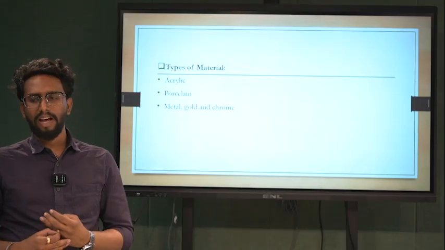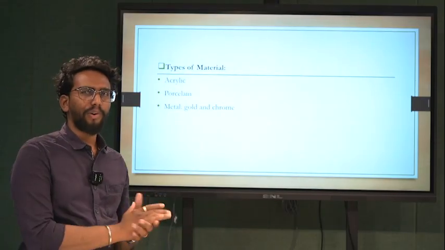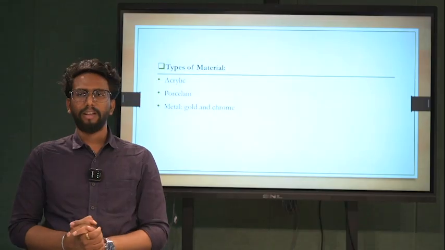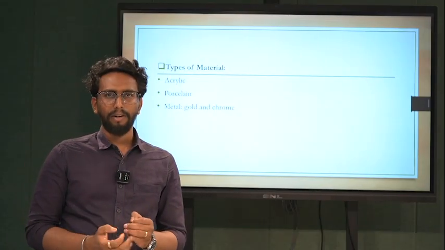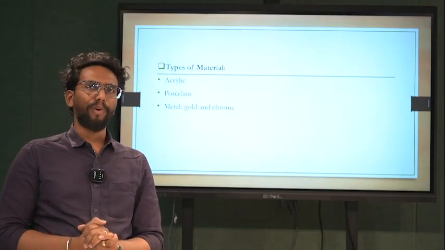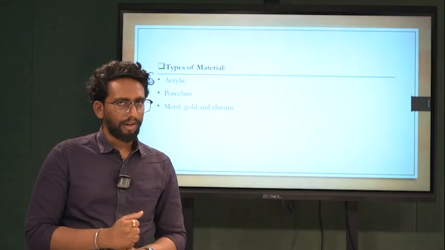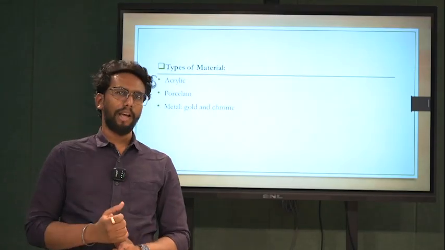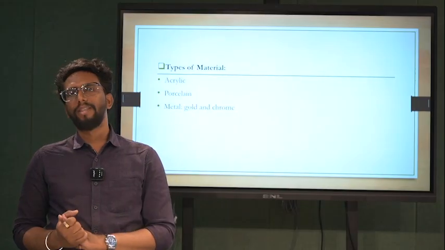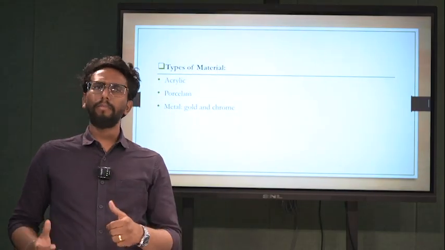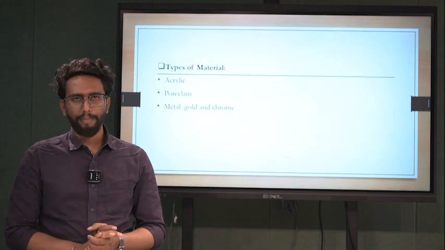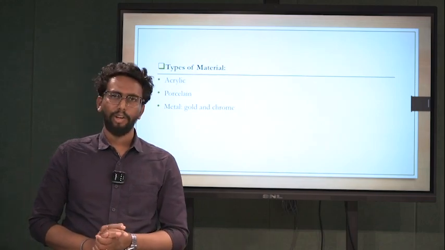So these all are the different components of the removable partial denture. Let's revise it a little bit again. The first component is the major connector, second is the minor connector, third is the direct retainer, fourth is the indirect retainer, fifth is the rest, then comes the denture base and the artificial teeth.